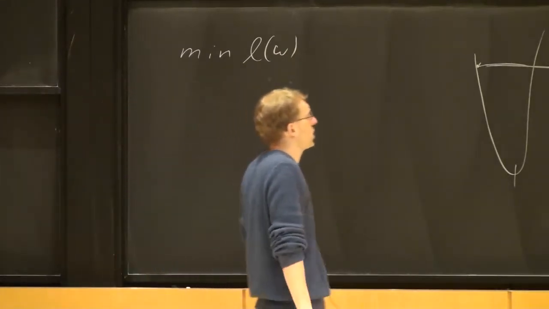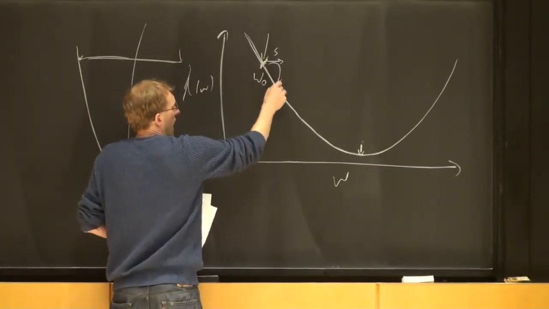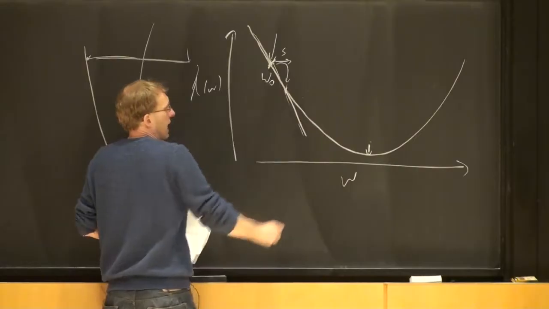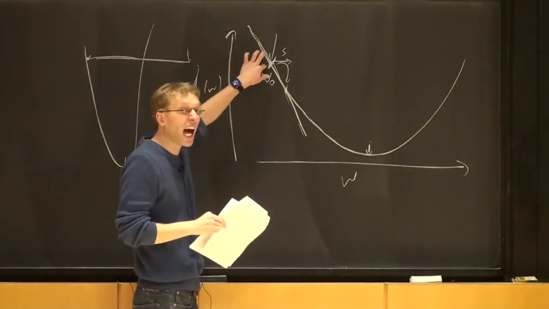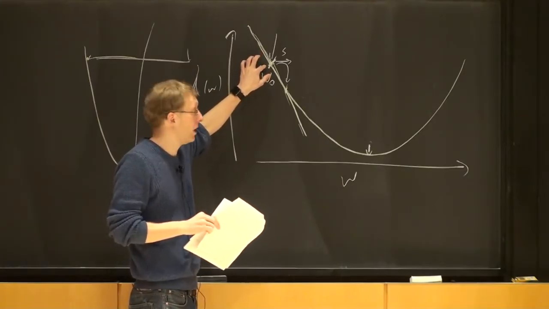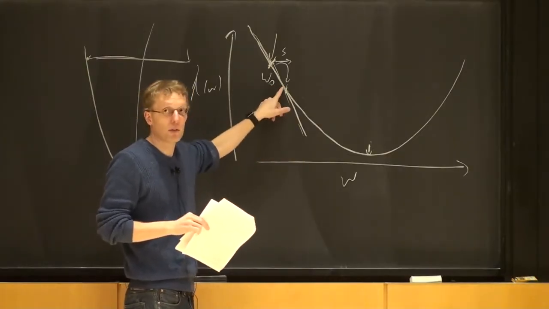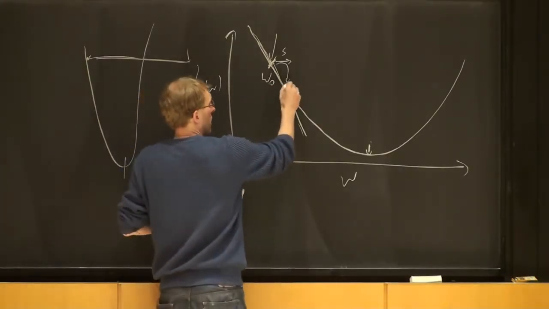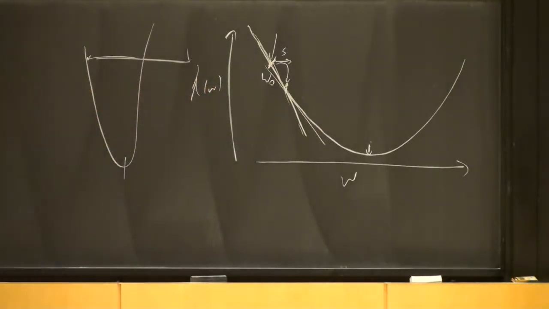So basically what we're doing is we say, well, here, let's just fit a line and assume this here was a line, right? Well, if this function was just a line, then it's easy to figure out in which direction you should go, right? Just go in the direction where it goes downhill, okay? And so you just take a step in that direction, and then you fit a line, and you basically look at this again, right? So that's the idea.